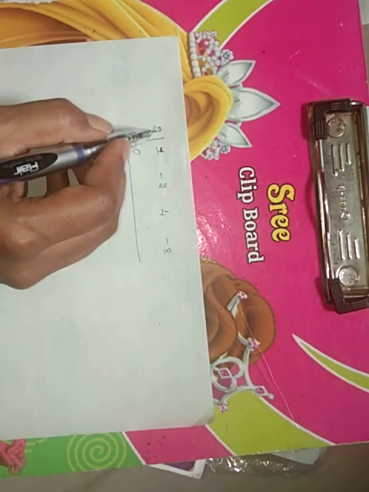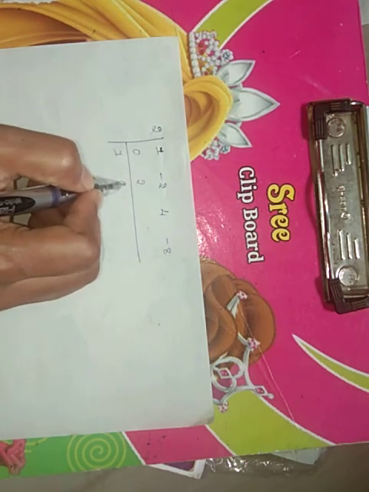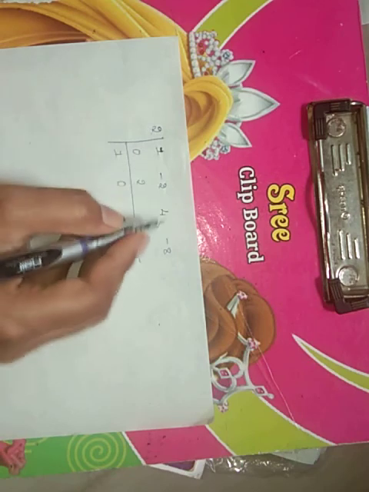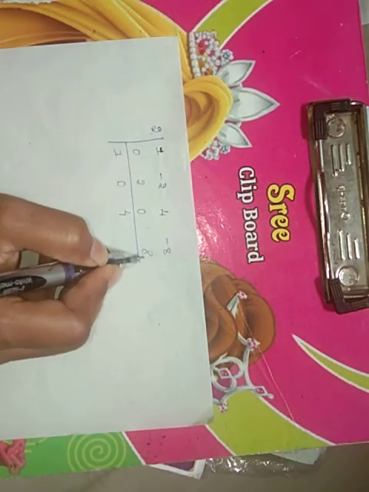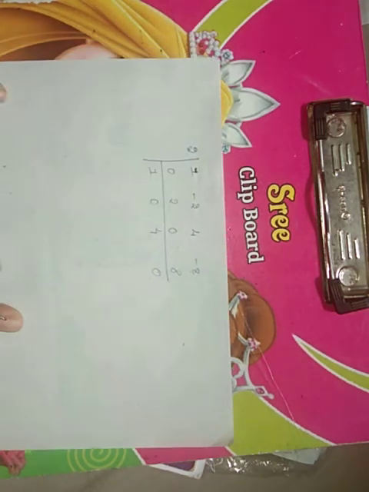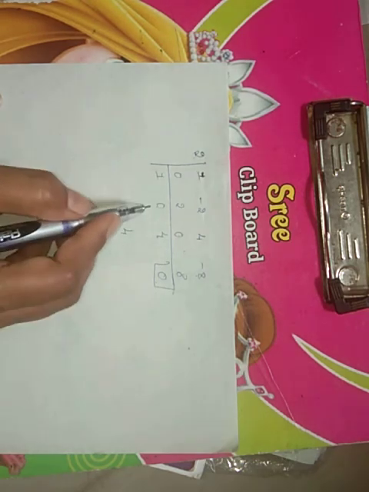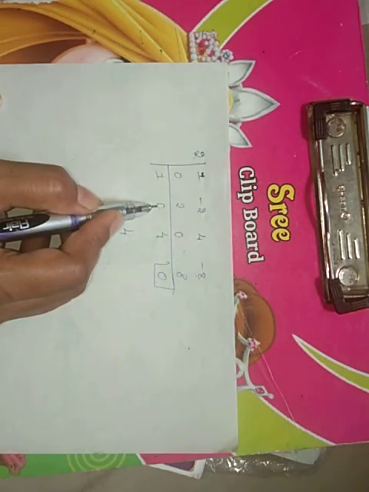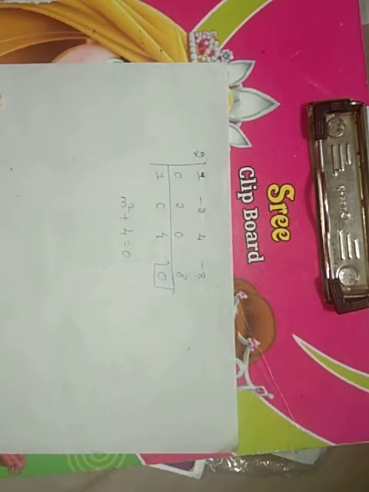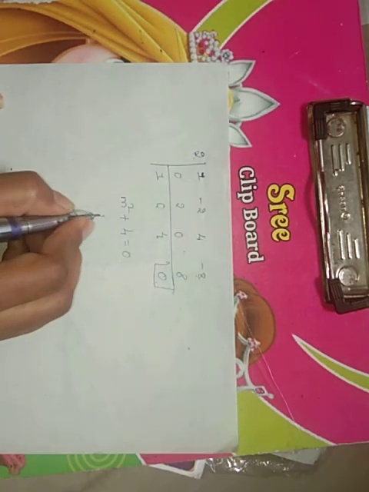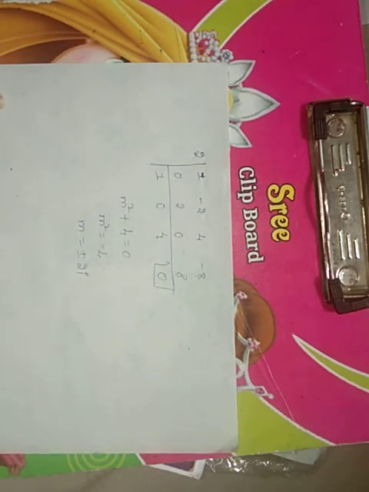Start with 0: 1 plus 0 is 1, 1 into 2 is 2, minus 2 plus 2 is 0, 0 into 2 is 0, 4 plus 0 is 4, 4 into 2 is 8, minus 8 plus 8 is 0. Coefficient of m is 0, so m square equal to minus 4, m equal to plus or minus 2i.